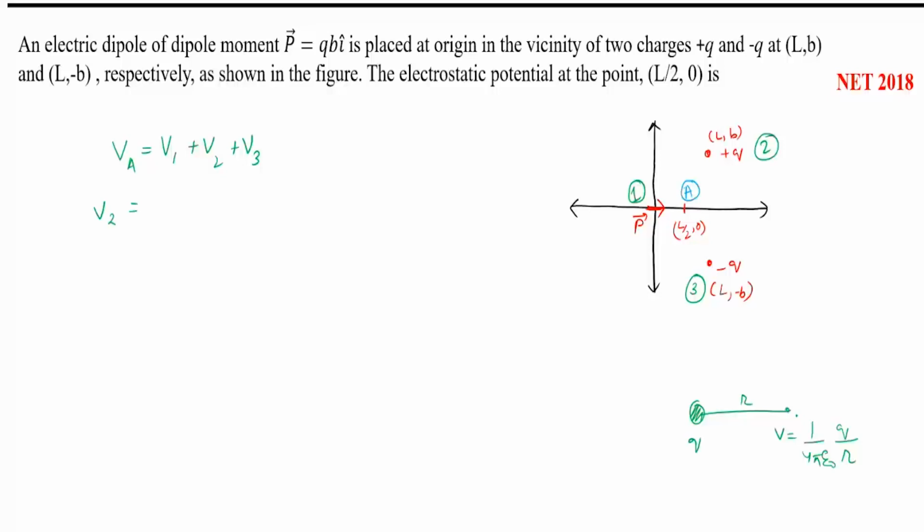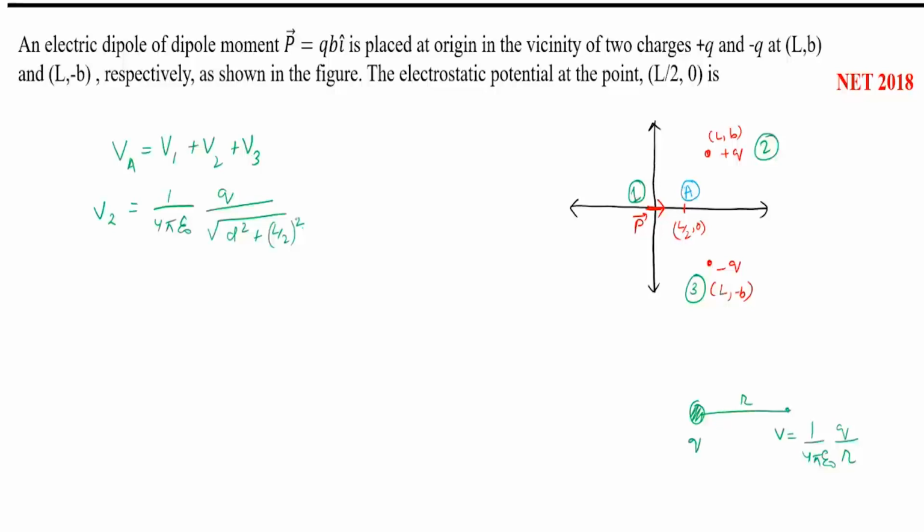So for the plus Q, what is V2? 1 by 4 pi epsilon naught, then Q divided by the square root of B square plus L by 2 whole square.